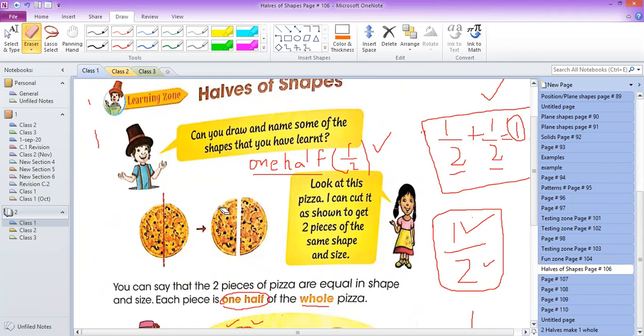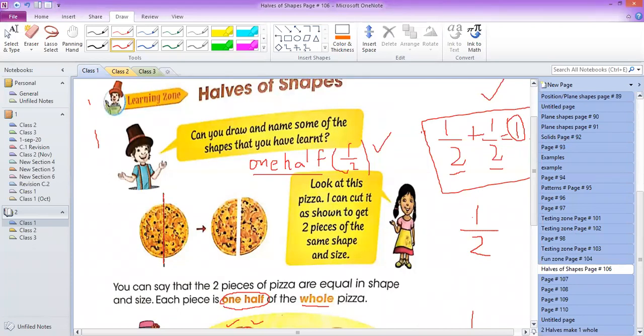One more thing I told you guys, this is related to fractions. How do you write half? You write half like 1 over 2, like this. You write 1 divided by 2. What does that mean, guys? This means out of two equal parts, one equal part.